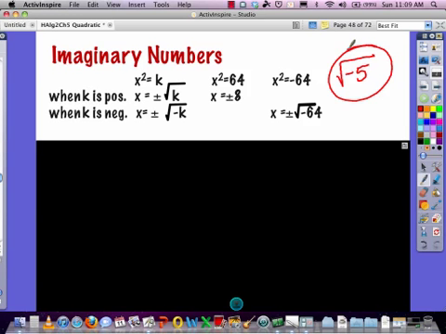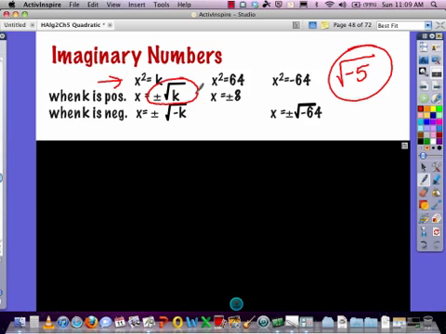So, when we've been dealing with our square numbers, and k was a positive number, we would take the square root of both sides. We would get x equals plus or minus that k value. And we would know we would have two solutions.